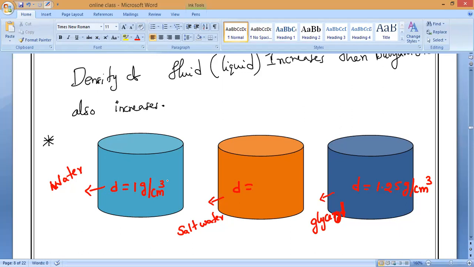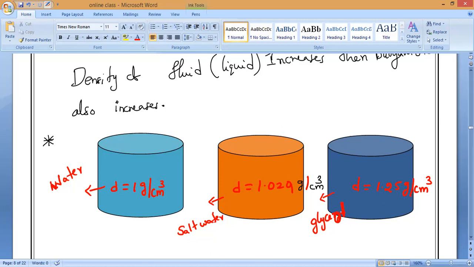Salt water density is 1.020, or basically 1.029; it varies. The unit is gram per cubic centimeter. All of you write it. So these are the densities of water, salt water, and glycerol.